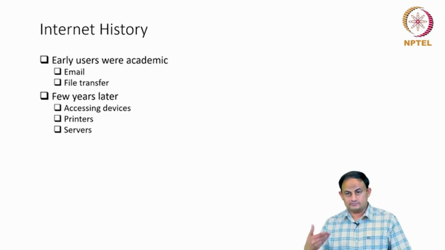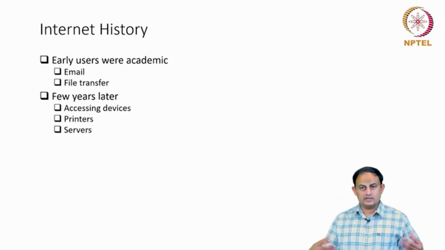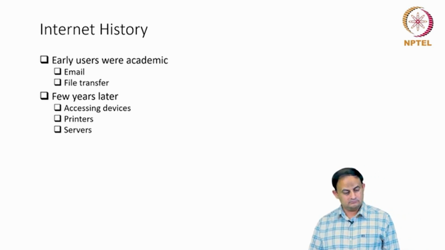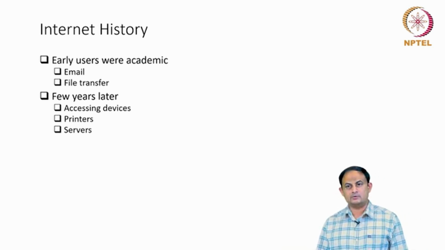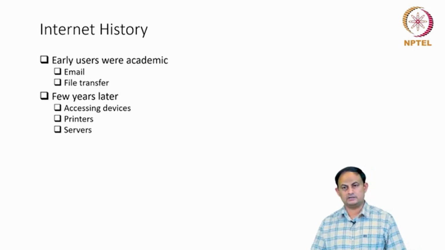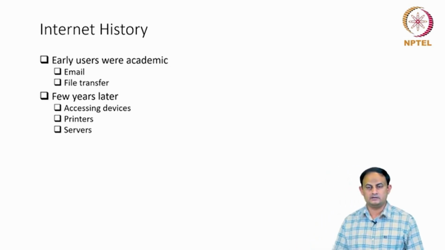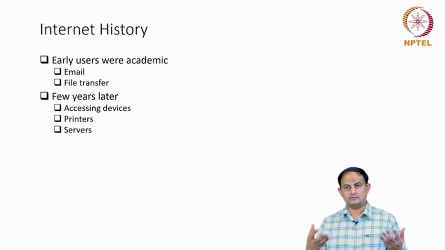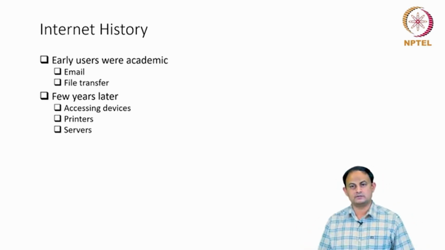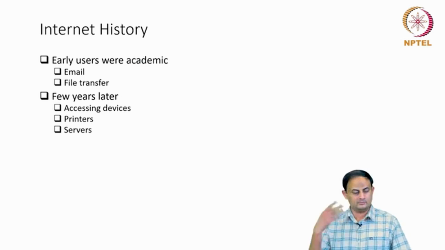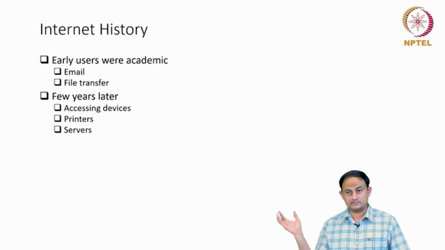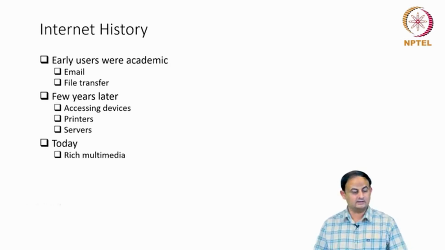As days passed by, we came up with new applications. We started talking about remote access and remote login. Several other devices like printers were connected to the network, and remote printing from a remote computer came into the picture, along with shared file systems.